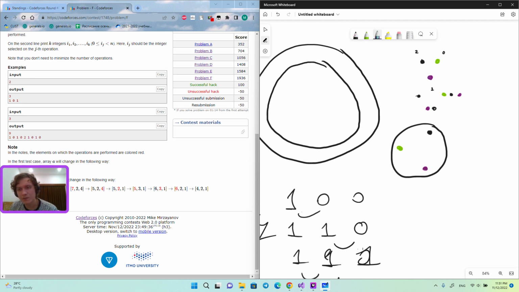And I need to swap black and green. Okay, something sensible is to take this black here. Okay, but now we have a problem because this green is not here. Okay, now this one takes.